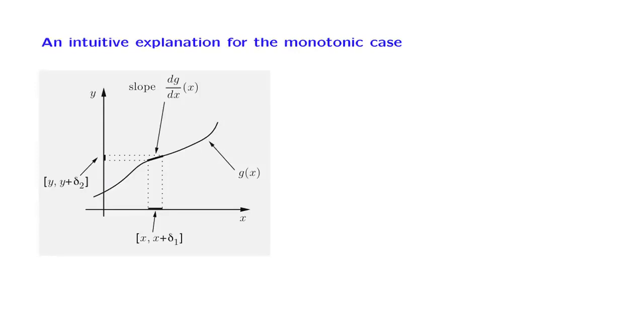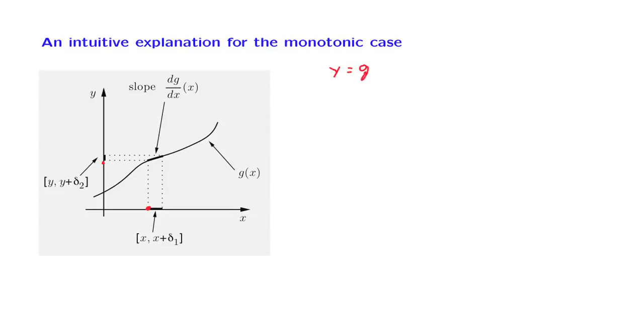The formula that we just derived for the monotonic case has a nice intuitive explanation that we will develop now. Suppose that g is a monotonic function of x and that it's monotonically increasing. Let us fix a particular x and a corresponding y so that the two of them are related as follows.